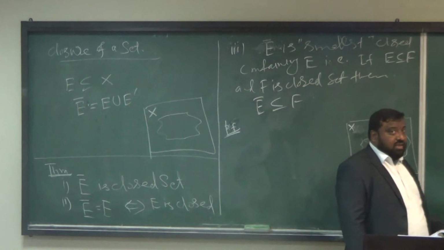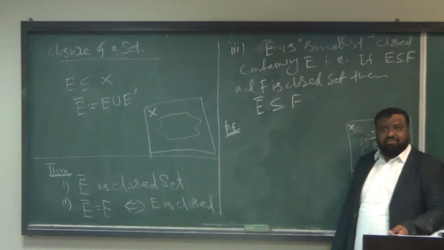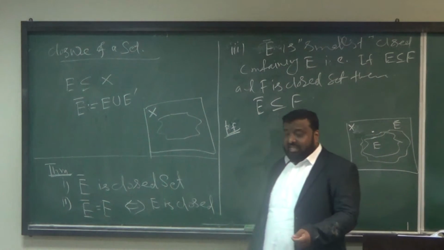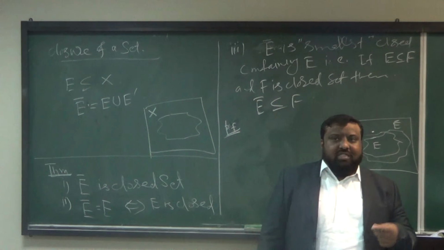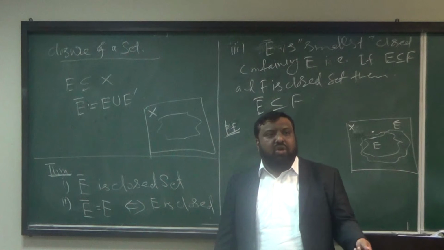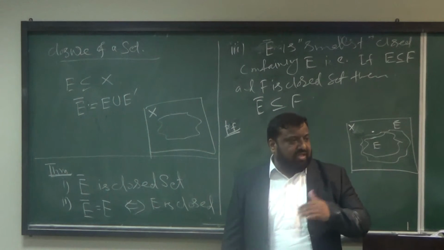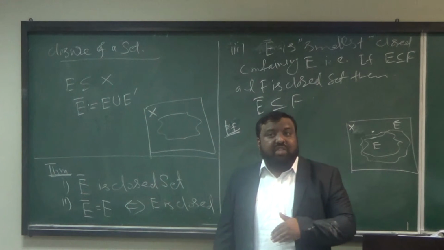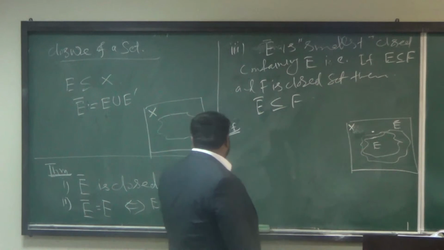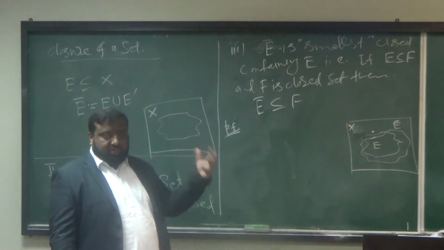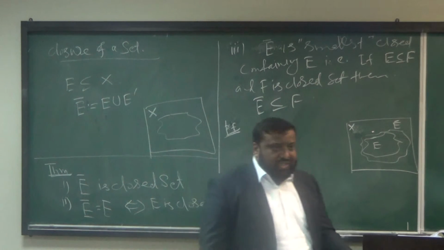A point is a limit point if you draw any ball around it, it is going to intersect the set E. So if I have picked a point from the complement of E closure, it's not in E and not in E prime, and it's not a limit point, that means there must be a radius, one radius.